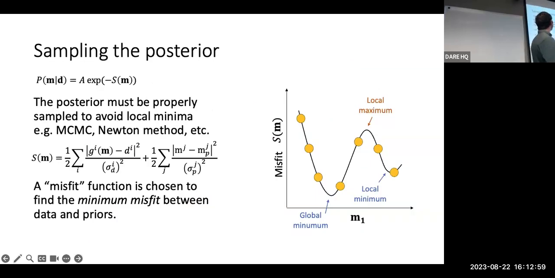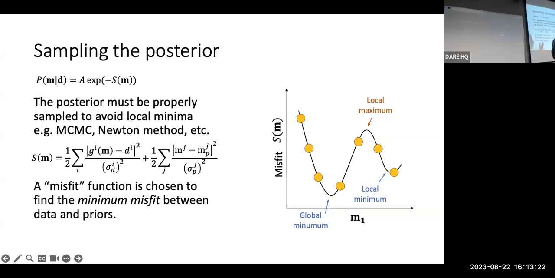On the right here is a function, which is our misfit function. A lower misfit means that there is less misfit between your observations and your model output.